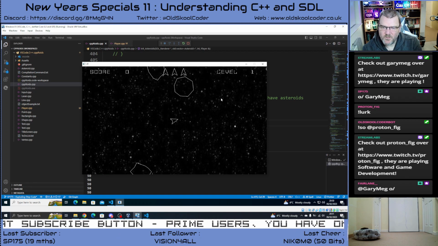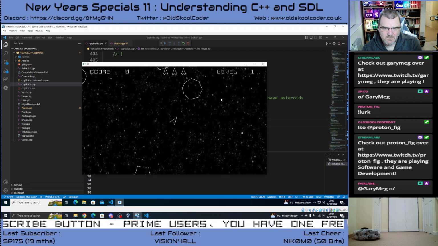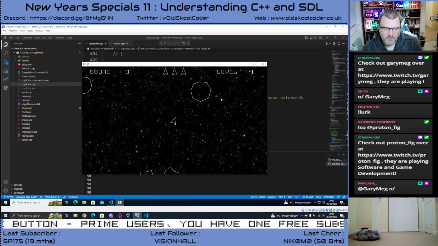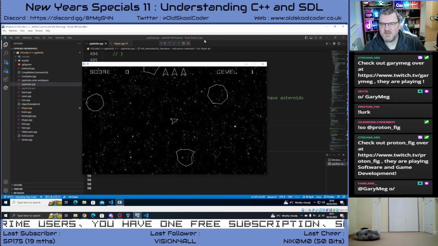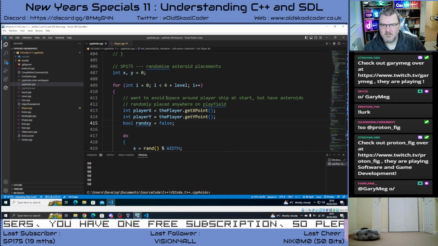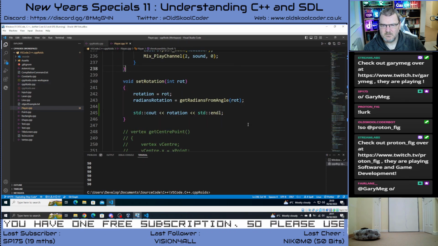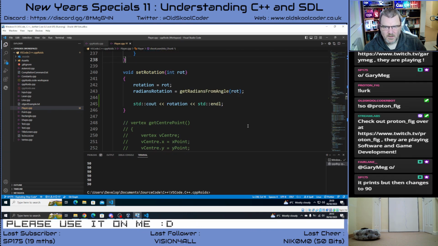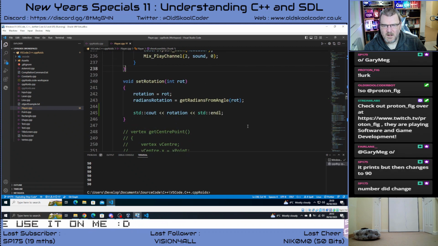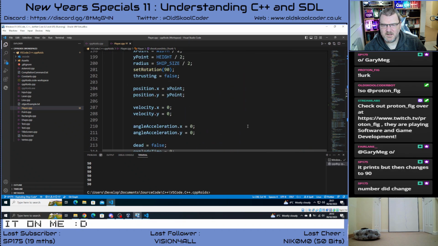And it's not printing the rotation. Why is it not printing the rotation? Why is it going back to 90?